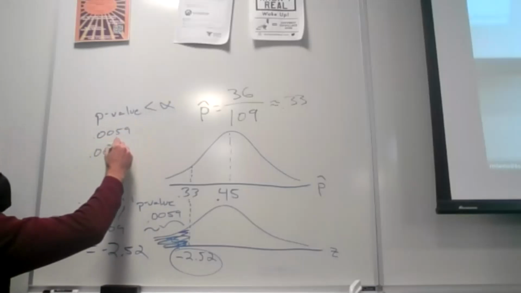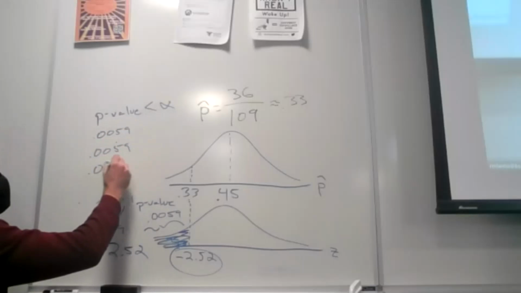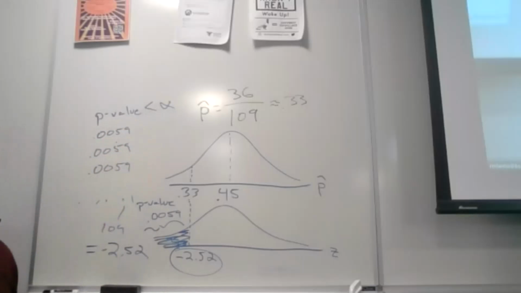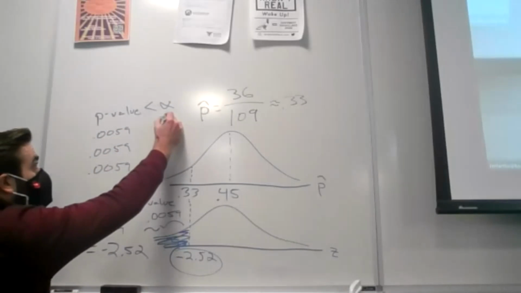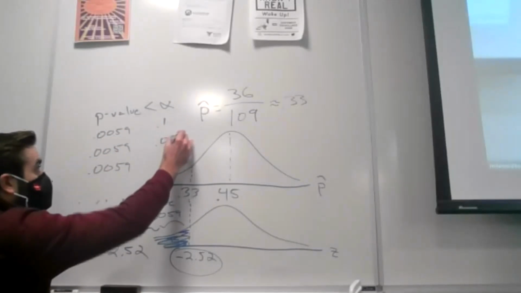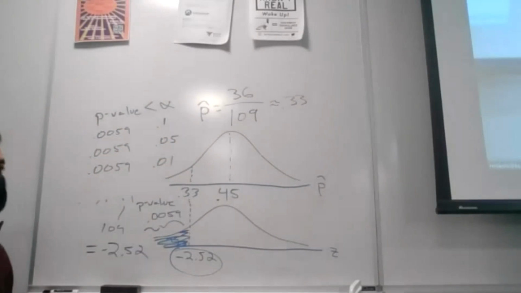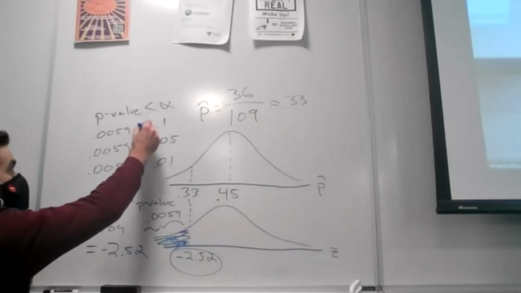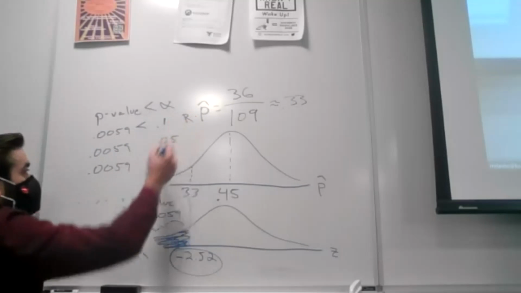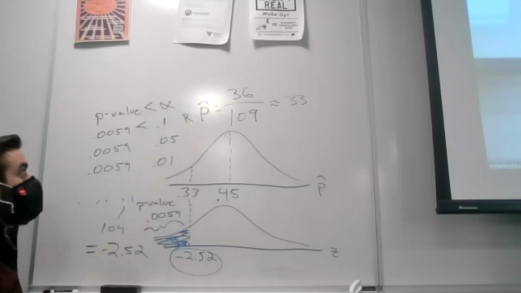I think an easy way to do this, we usually test against 3 alpha values, right? We usually have the 10, 5, and 1% significance levels, which correspond to alphas of 0.1, 0.05, and 0.01. Okay. So is 0.0059 less than 0.1? It sure is. So we reject at the 10% significance level.